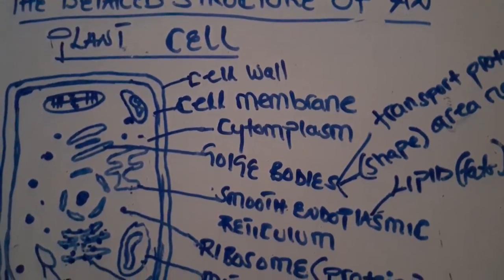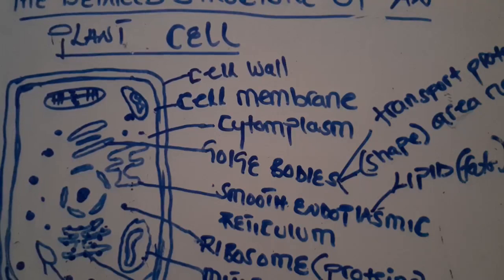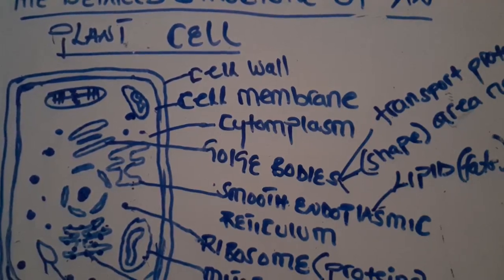And we know the function of the cell membrane is just the same, to allow materials such as water as well as oxygen to enter the cell. Also, the cell membrane helps to remove toxic materials, or materials which the cell does not want, such as carbon dioxide.